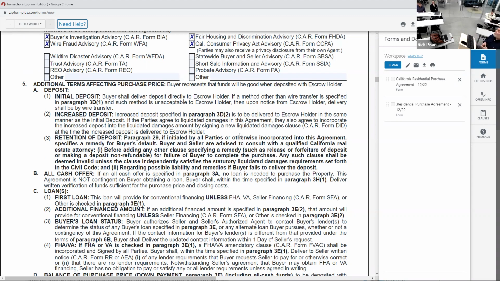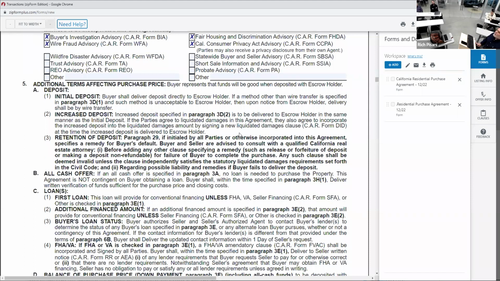This is important to go over with your buyer: if parties incorporate a remedy for buyer's default, buyer and seller are advised to consult with a qualified California real estate attorney before adding any clause specifying a remedy such as release or forfeiture of deposit, making a deposit non-refundable.